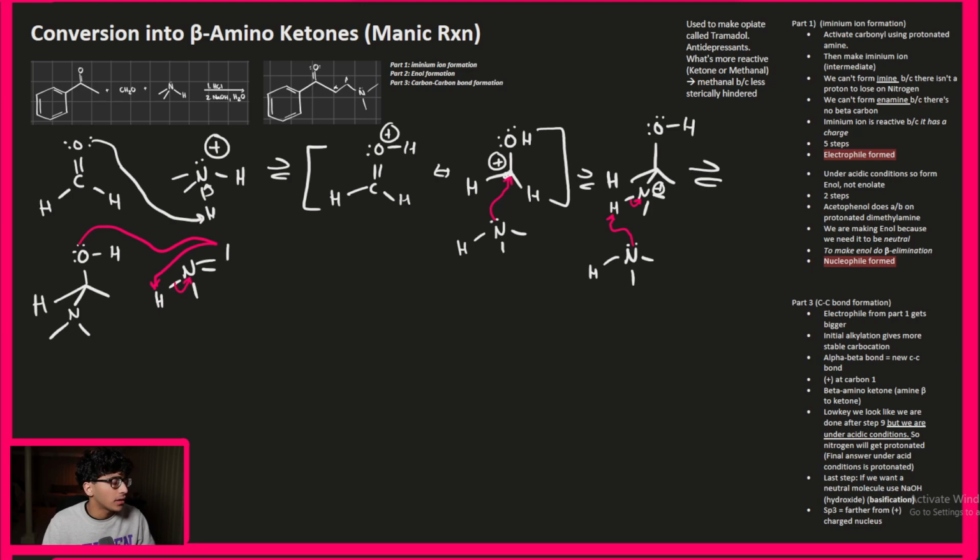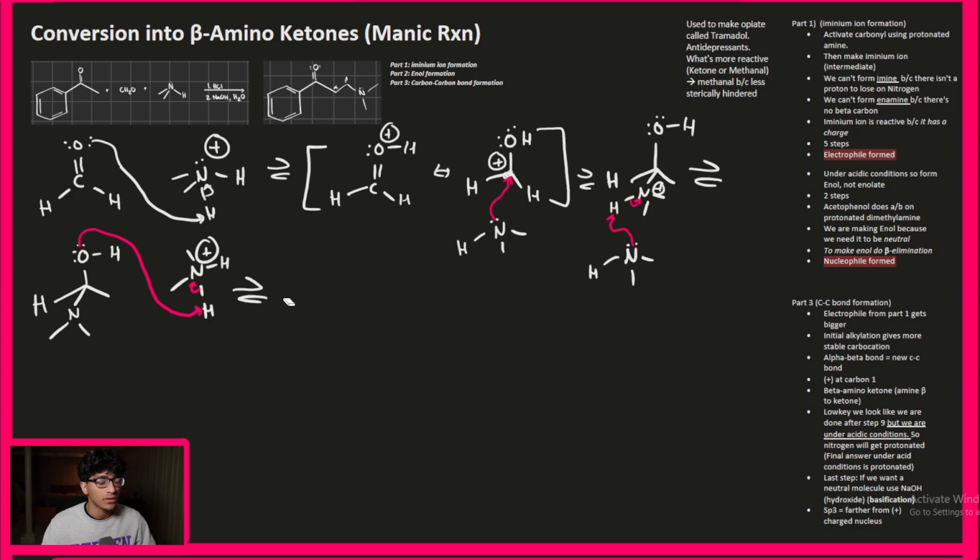He should have an extra H. He's getting attacked because he has an extra H. Let me write it better. So he's gonna attack right here, and now we can't form an amine because of this nitrogen.